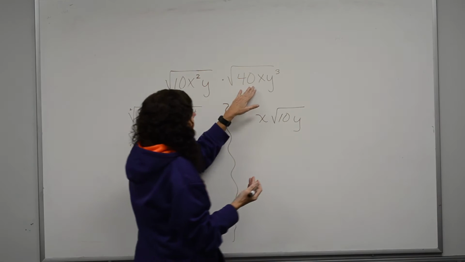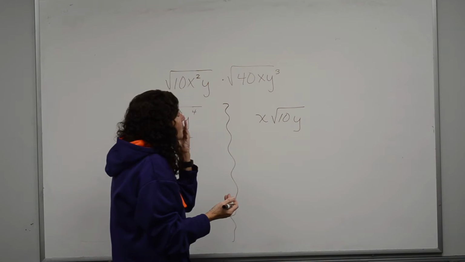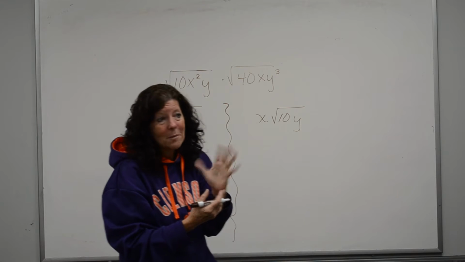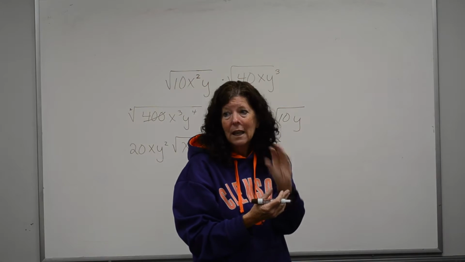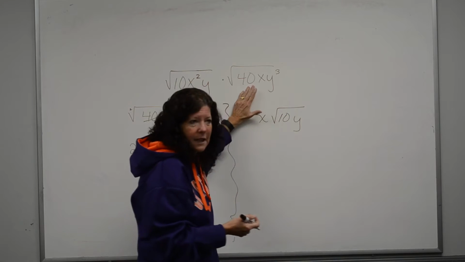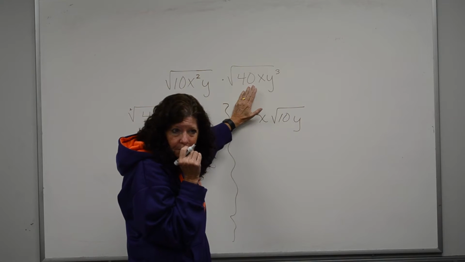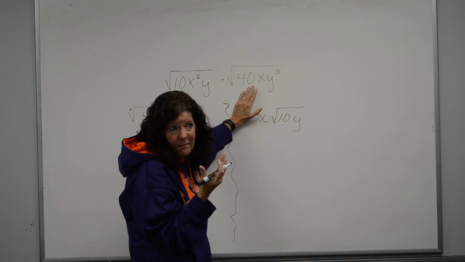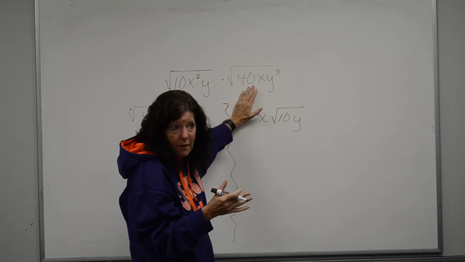Then I look at the second one and I go, well, I got a 40 there, and I'm about to show you something else that you can do that we haven't hit yet. What can I multiply together to get 40? 4 and 10. And I can take the square root of 4.